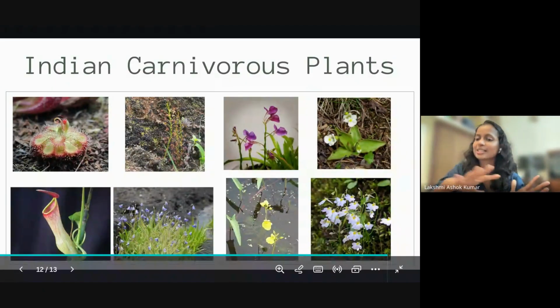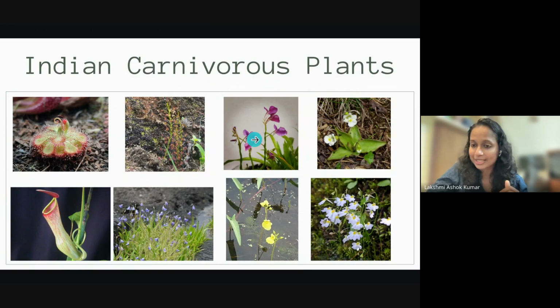If you look around in the same area, you might find both. This is Utricularia, which is aquatic. And this is Utricularia reticulata. Reticulata with the pink bluish flowers is the most common Utricularia that you will find in Kerala, especially in Madai Para.